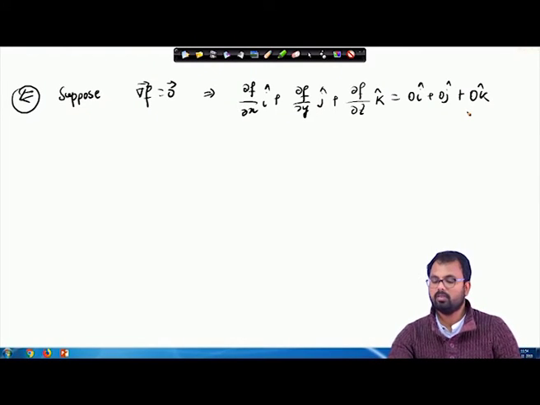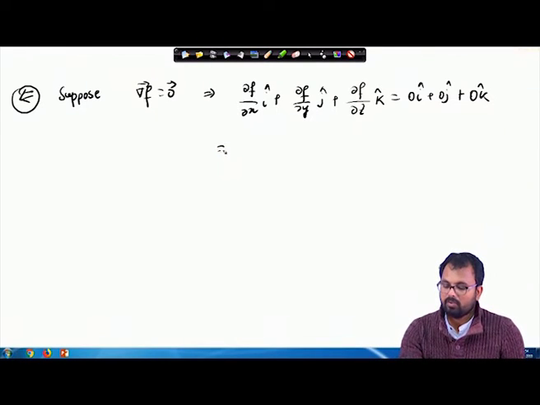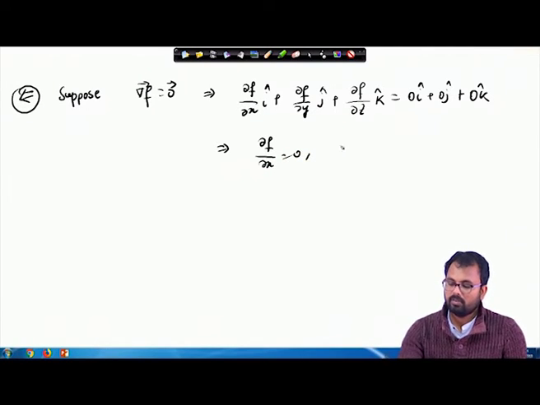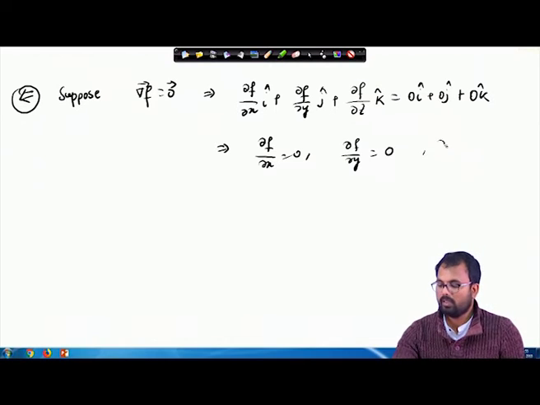So, the coefficients must be equal. That means the coefficient of i on the left hand side must be equal to the coefficient of i on the right hand side, the coefficient of j on the left must equal that on the right, and similarly for the coefficient of k. So, from here I can write del f del x equals 0, del f del y equals 0 and del f del z equals 0.